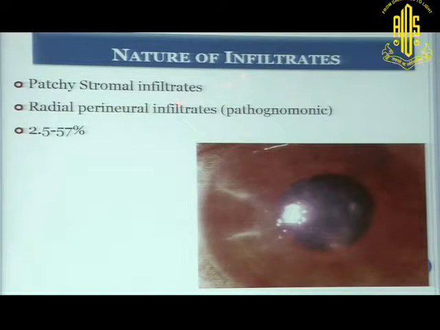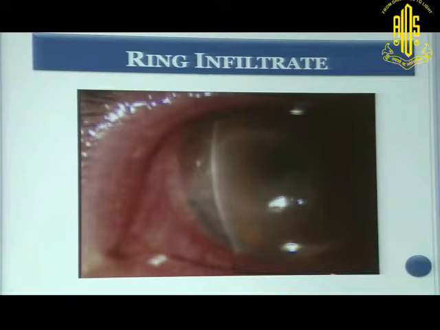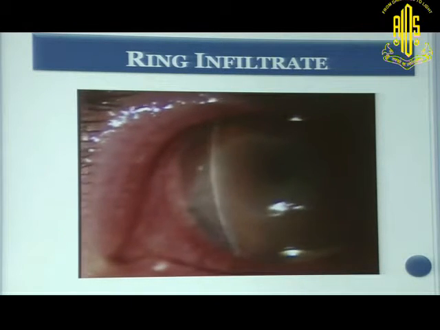Then you can have patches and radial keratoneuritis, that is perineural infiltrates. As the disease progresses, you have the typical ring ulcer, and further progression results in melting and perforation of the cornea. So it is very essential to be active and aggressive in the treatment of Acanthamoeba keratitis.